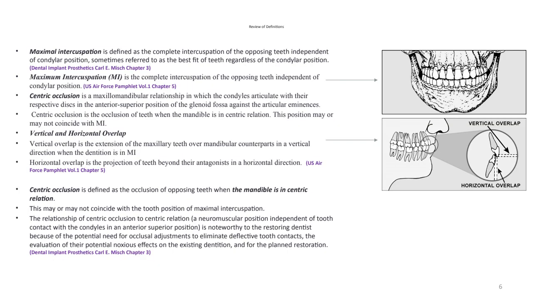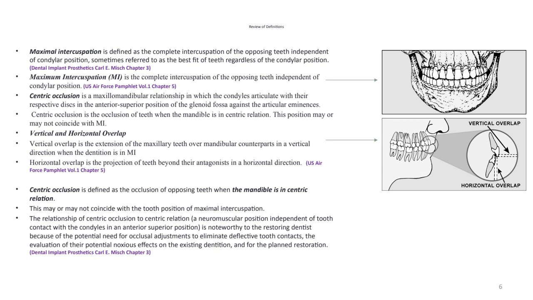Very important, again, we have to look at the central occlusion, the vertical horizontal overlap, and the maximal intercuspation, which is defined as the complete intercuspation of the opposing teeth independent of the condylar position. And it's sometimes referred to as the best fit for the teeth regardless of the condylar position.